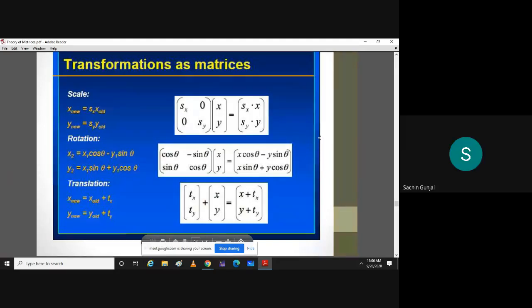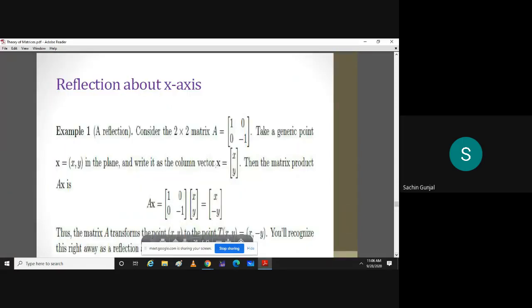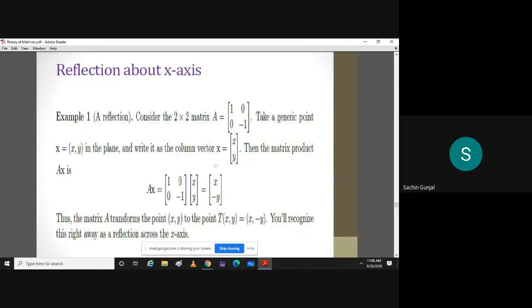Can you go ahead? Yes, sir. Then what else can you do with a vector? You can take its reflection about x-axis. So if your vector is in first quadrant, say x comma y, if you take its reflection about x-axis, what will be the resulting vector?